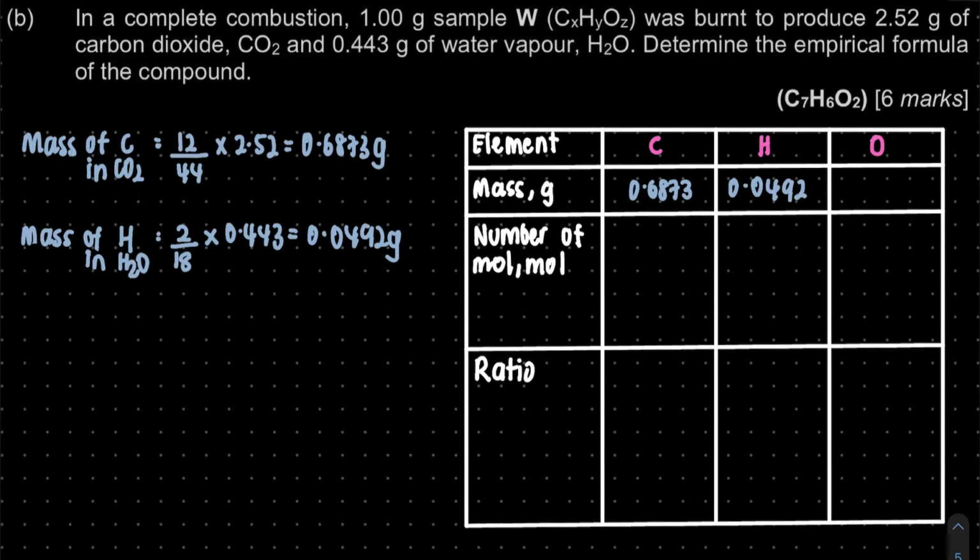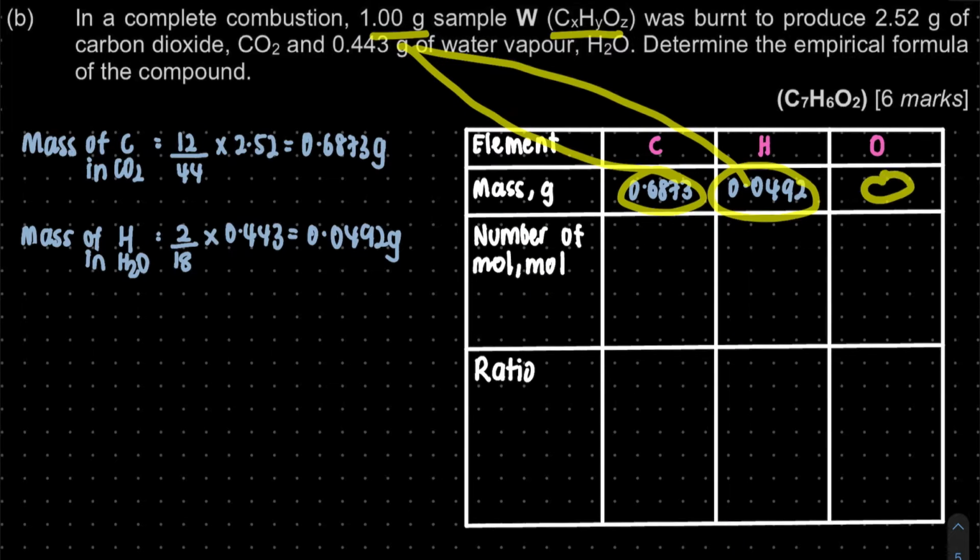Next is how we're going to find out the mass of oxygen. Instead of writing down again mass of oxygen in CO2 or mass of oxygen in H2O, actually we know that the sample we have is 1 gram. The carbon, we have known the value. Hydrogen too, we know the value.